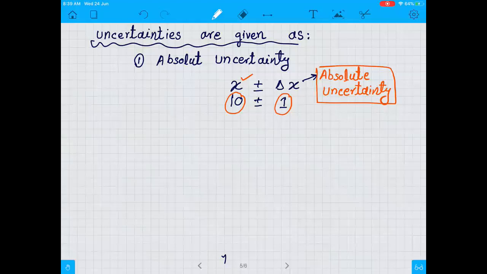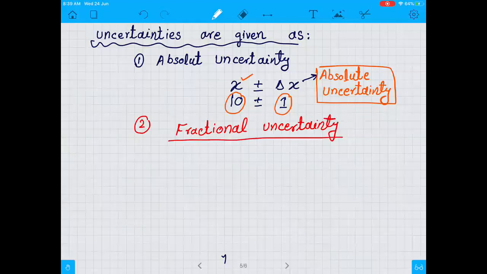Just for example, fractional uncertainty. The concept of fractional uncertainty is that if the data value is 1, it is the uncertainty out of 1. How will you calculate that? You will divide delta x by x. Like in this example, it would be 1 over 10 and that would be 0.1.